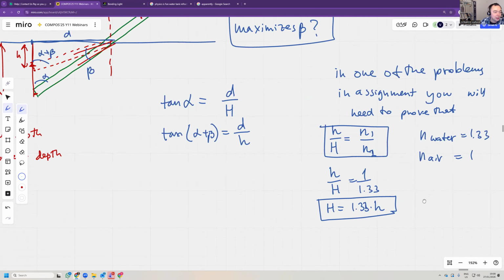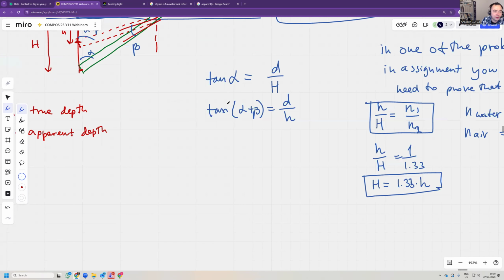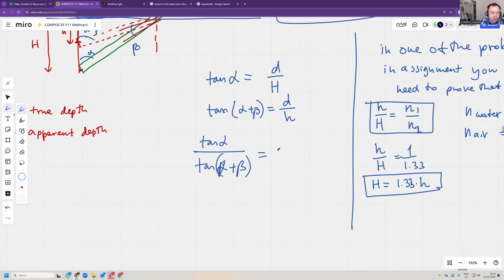Okay. So what we do here, we divide them. So tan alpha divided by tan of alpha plus beta. And that's equal to h small over h. And that's actually 1 over 1.33. So tan of alpha plus beta is 1.33 tan alpha.